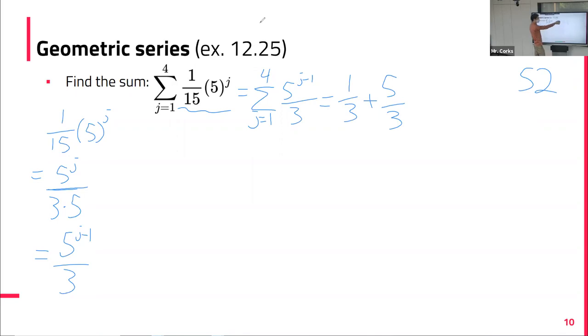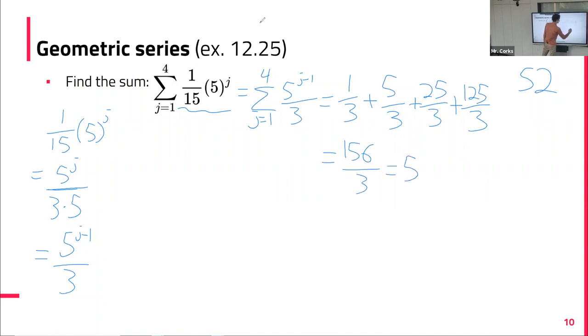Then it looks like it'll just be powers of 5 on the top. So 5 squared, 25 over 3, and 125 over 3. All right, if we add up all of the things on the top, we get 156 over 3, and simplify that, it's 52.